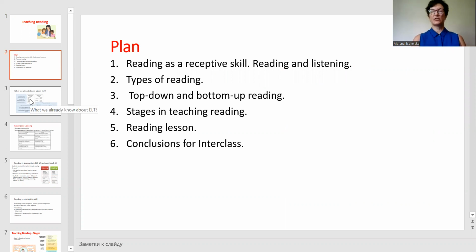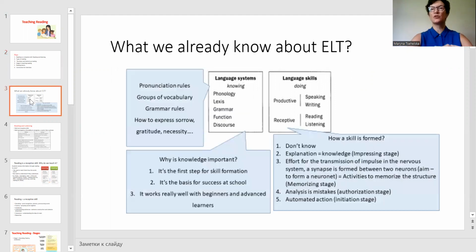If you have listened to the previous video attentively, you will see that the structure of the presentation is almost the same. Why? Because these are the two receptive skills.